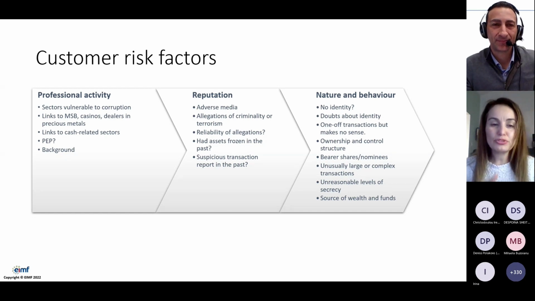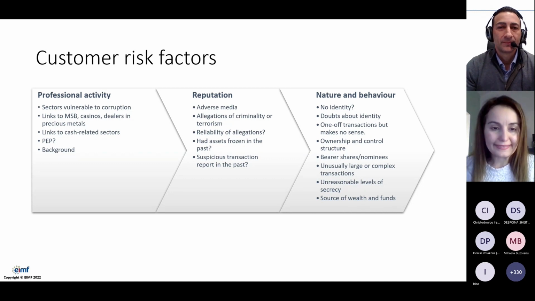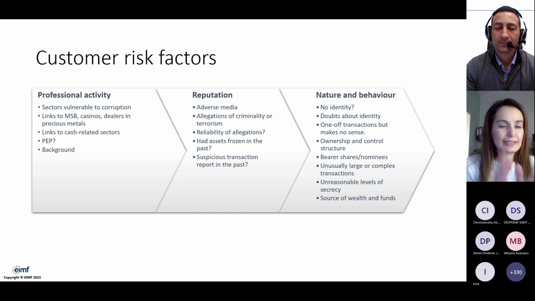Somehow she had to deposit those funds into a bank account. That's exactly a very good example, because not only her but her father also was found with the cash. So that's why parents of PEPs are also treated as such.